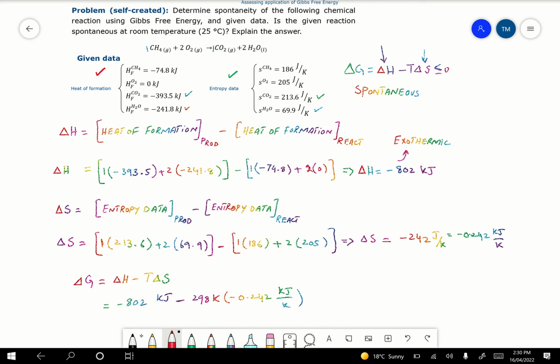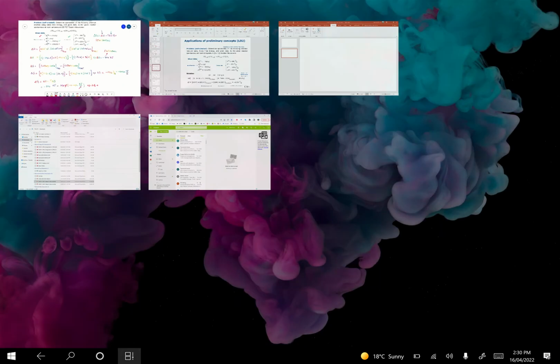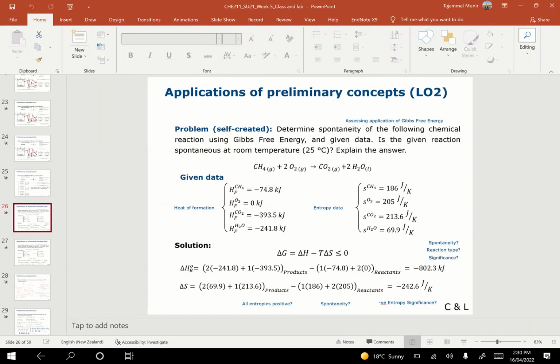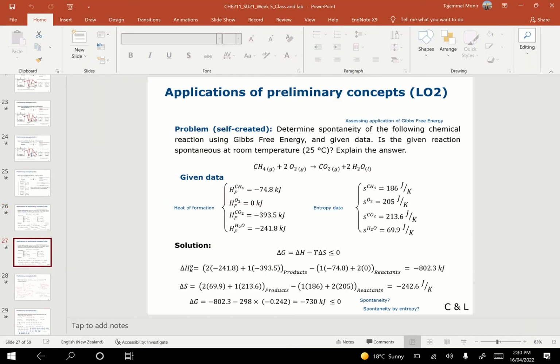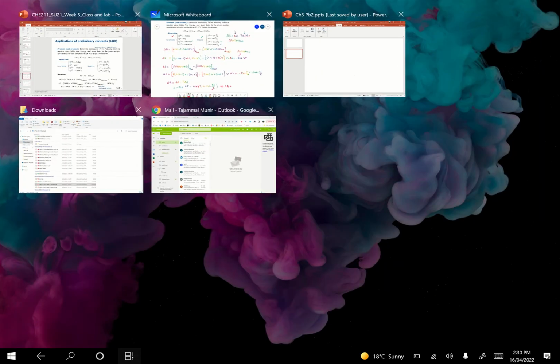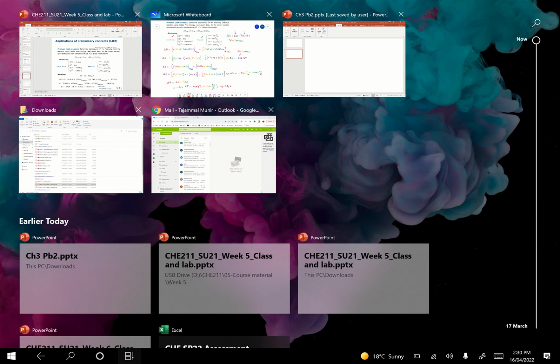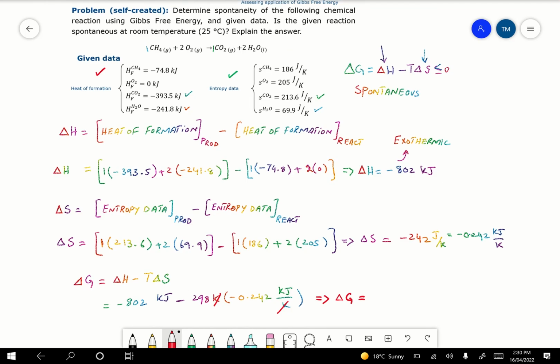So basically Kelvin cancelled, so if you use your calculator, delta G is minus 730 kilojoule.